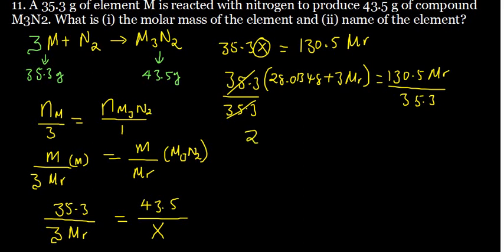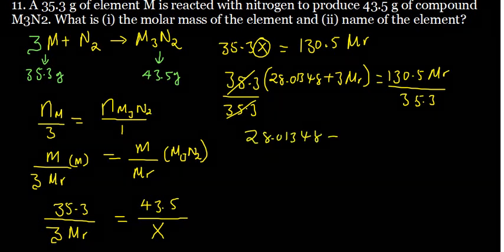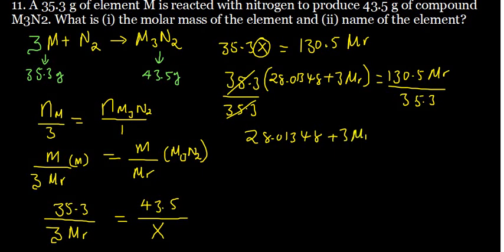So it gives me 28.01348 plus the 3 molar mass, and that is equal to 130.5 divided by 35.3. This is 3.696 molar mass. I'm going to take this 3 also to the other side.